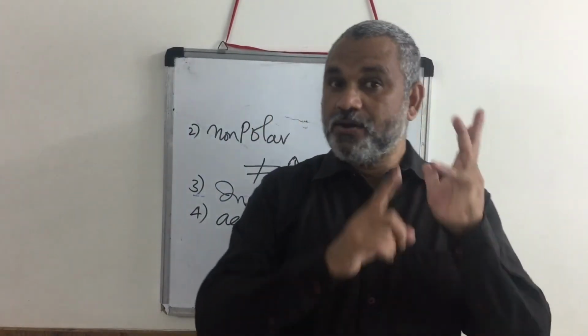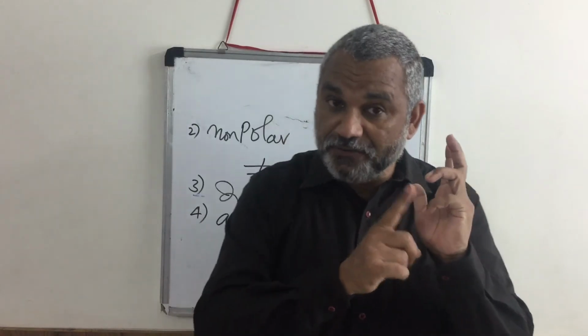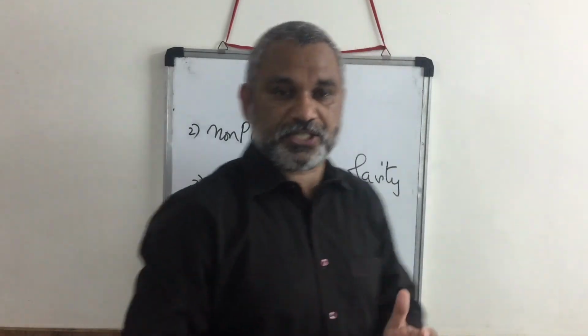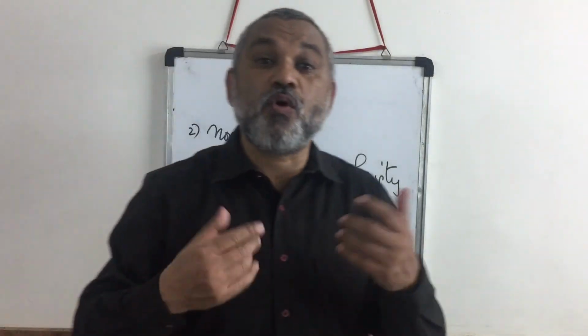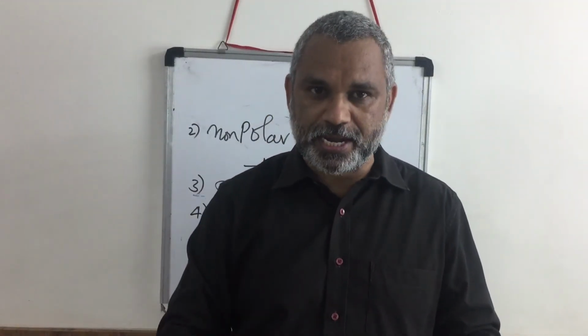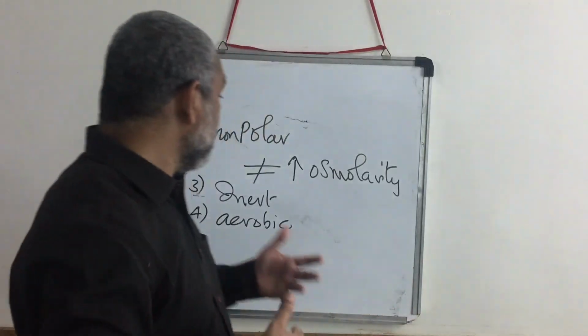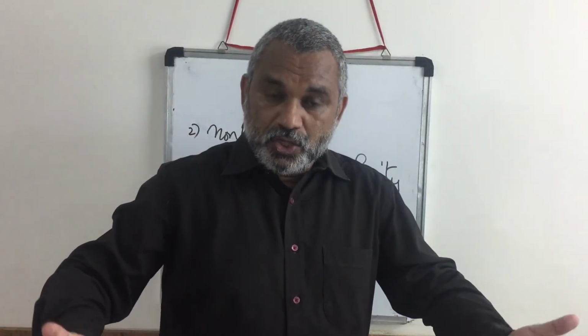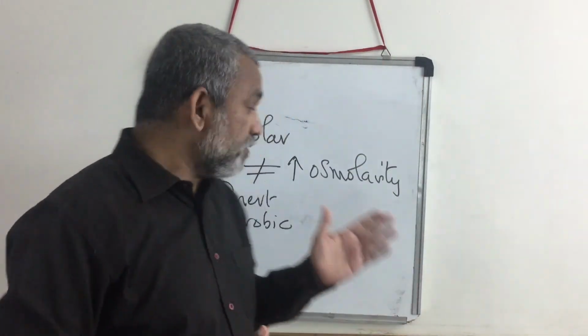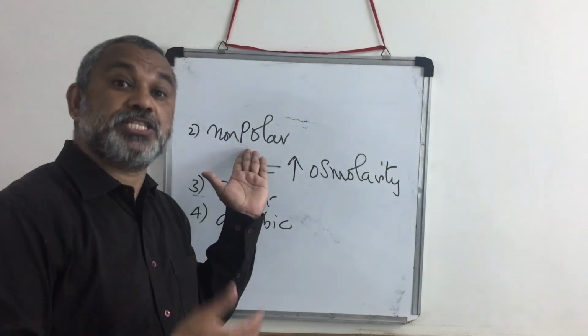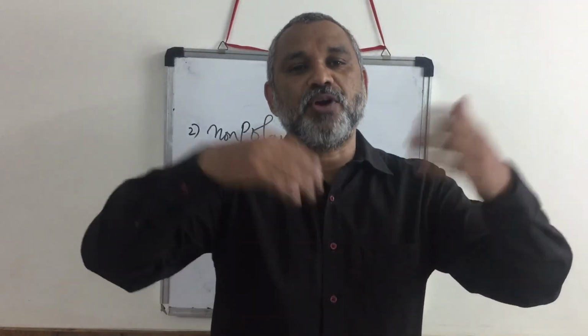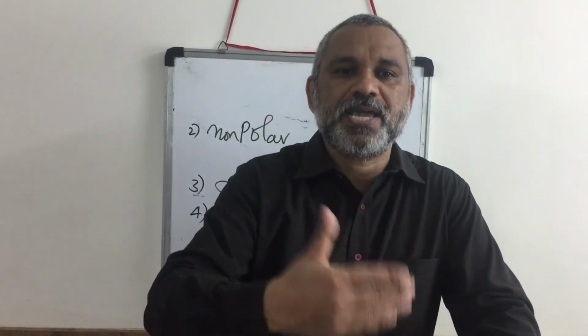Let us summarize. First of all, it is a very efficient fuel molecule. We have seen how well it can store energy. We have also seen that it is a non-polar molecule, not like carbohydrate, so it does not increase the osmolarity. If glycogen were stored instead of fat in our body, our body weight would have gone up by at least about 60 kilos.